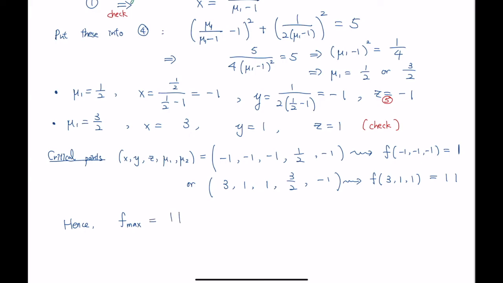Indeed, because this is a question about equality constraints only, the smallest one is the minimum value. So note, f min equals 1. The smaller one is the minimum value. This completes the process of how to do an optimization problem using the new language that we introduced here.